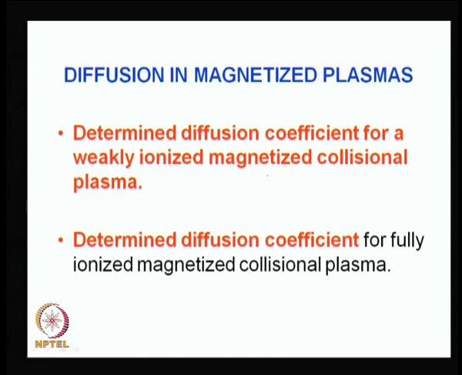The plasma is also collisional. So, we have taken into account the effect of collisions in a weakly ionized plasma in a magnetic field. Then we have also determined the diffusion coefficient for fully ionized magnetized collisional plasma.